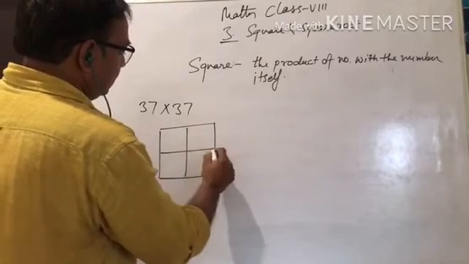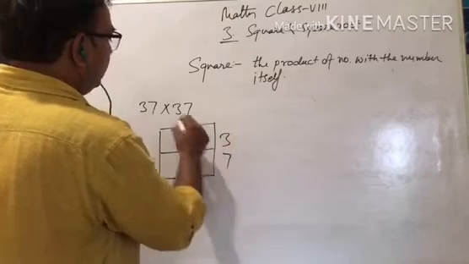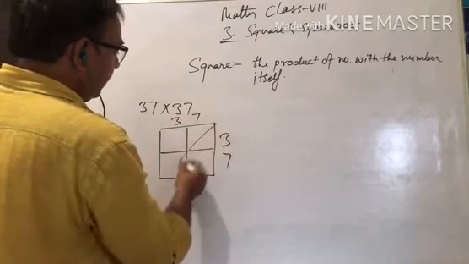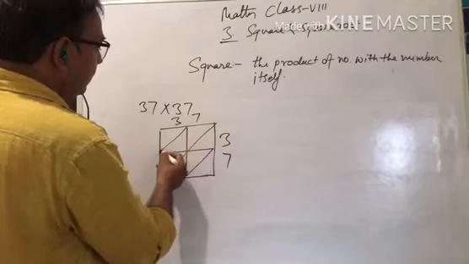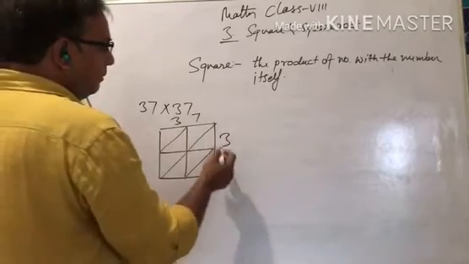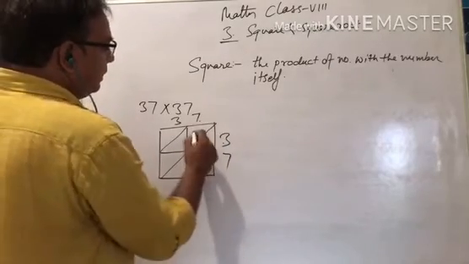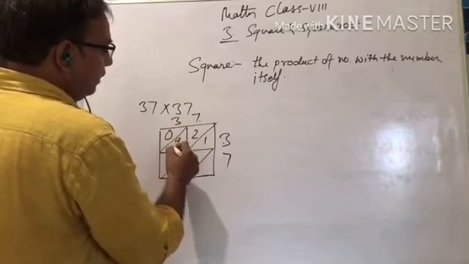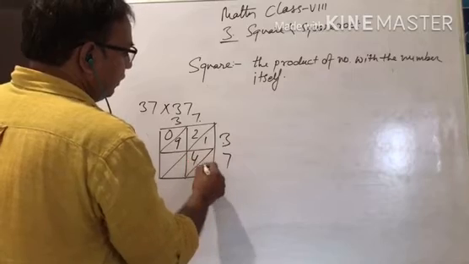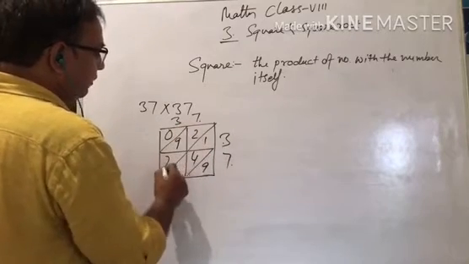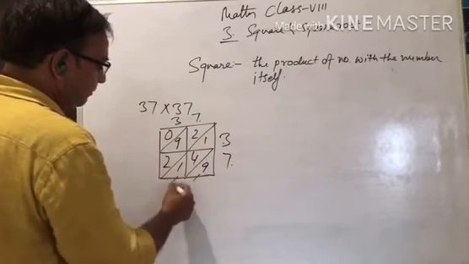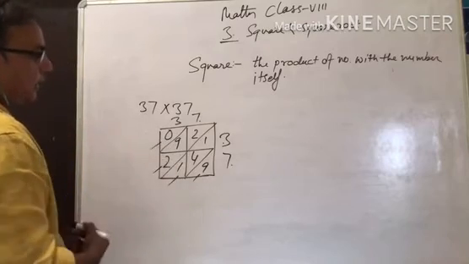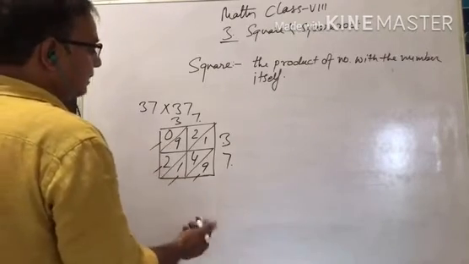Write 37 here, then 37 here, make a diagonal, and then write the numbers. 3 7s are 21, 3 3s are 9, you write 09. Now 7 7s are 49, then 7 3s are 21, and you can add these numbers.